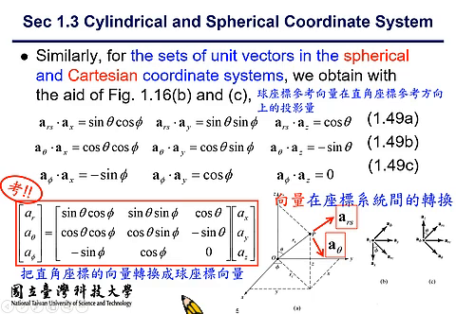It's always pointing toward the direction with larger value. So the AR direction is always pointing away from the origin, or away from the z-axis in the cylindrical coordinate. That one is easier. So for point P, the positive AR direction is this way.